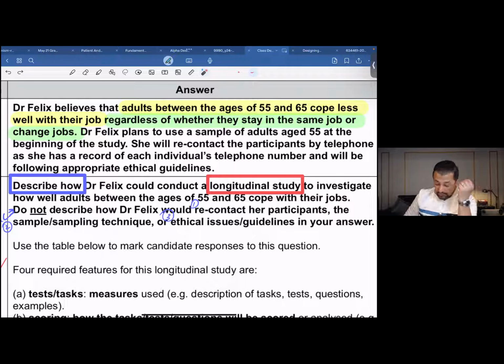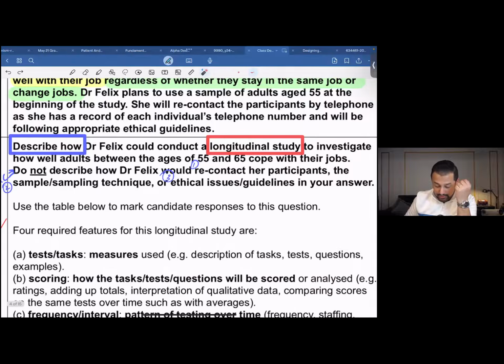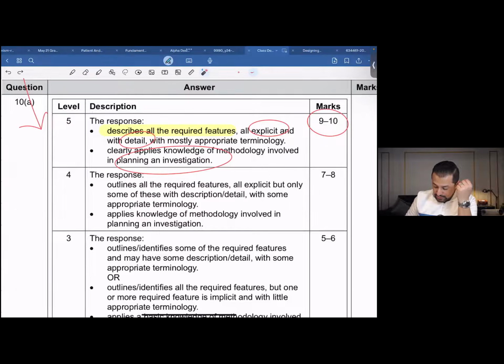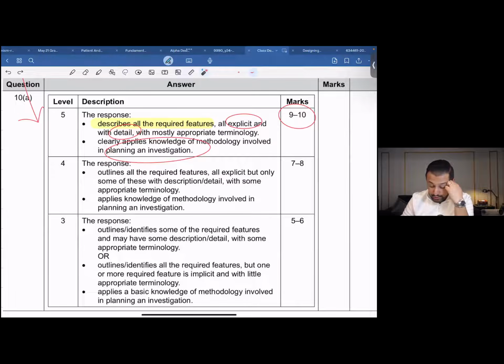Moving on. Now, use the table below to mark candidates' responses to this question. Now, what table are we talking about? This is the table we're talking about. So, of course, as a student, you would always want to score in the top level of the top band. That is a 9 to 10 mark level or band.